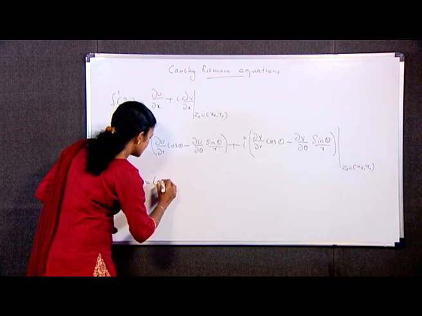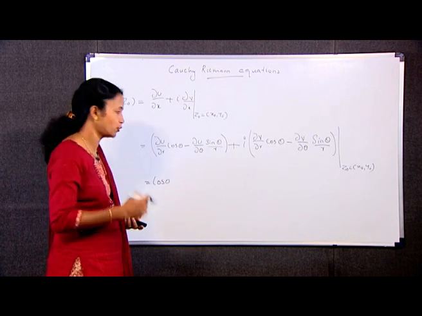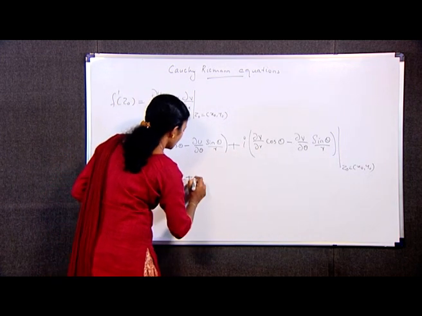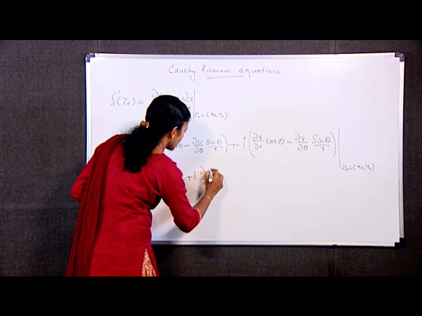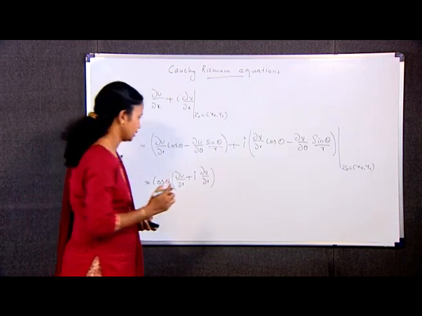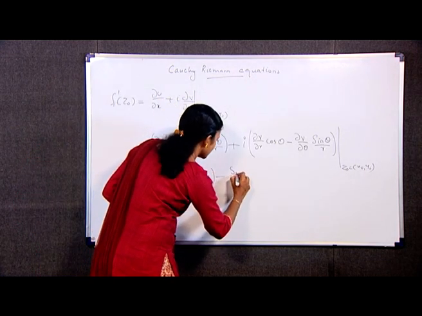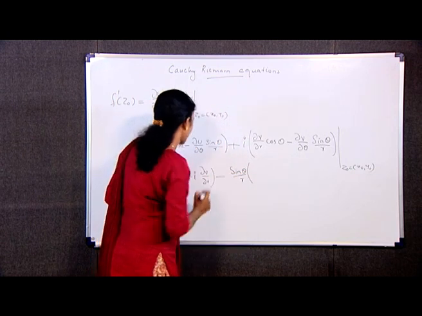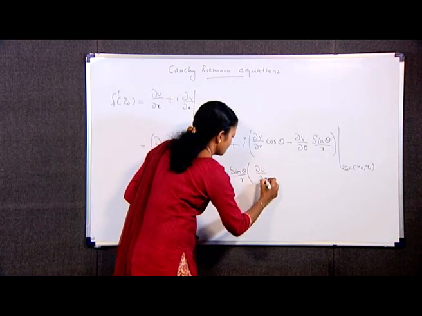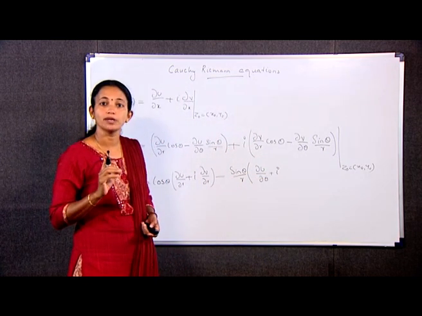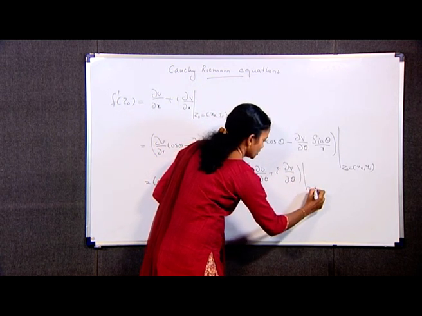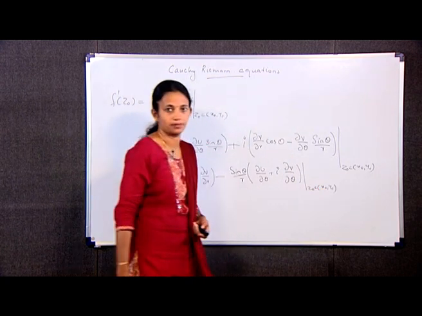So it is cos theta into dou u by dou r plus i into dou v by dou r, taking cos theta terms together, minus sin theta by r terms together, I have dou u by dou theta plus i into dou v by dou theta, at the point z naught is equal to x naught y naught.